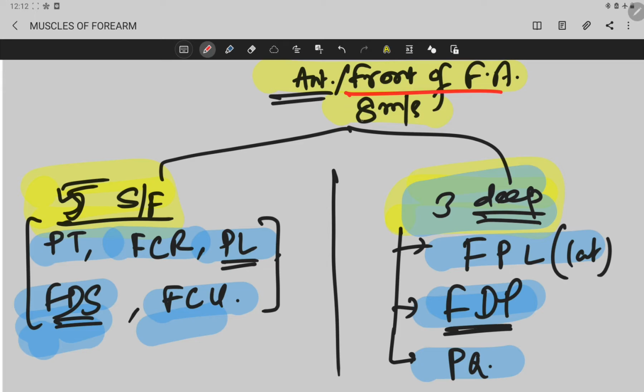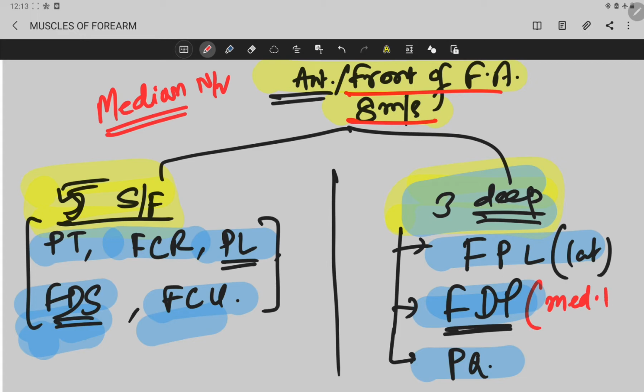For the anterior compartment of the forearm, the principal nerve, the main nerve, is the median nerve. The median nerve supplies all the muscles of the anterior compartment of the forearm except the medial half of the flexor digitorum profundus, and flexor carpi ulnaris.